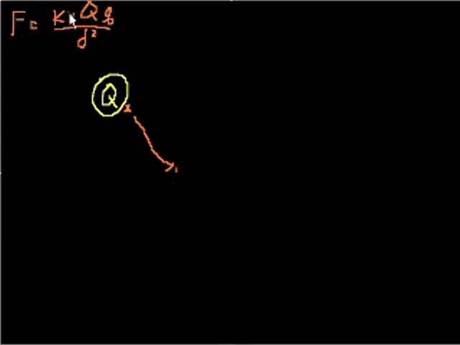So what we can do is take this equation up here and divide both sides by this small q and say, okay, the force per charge at this point, let's call that d1, is equal to Coulomb's constant times the charge of the particle that's creating the field divided by, in this case, d1 squared, right?